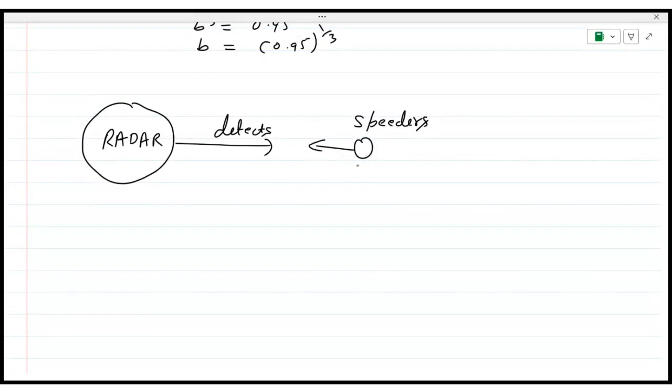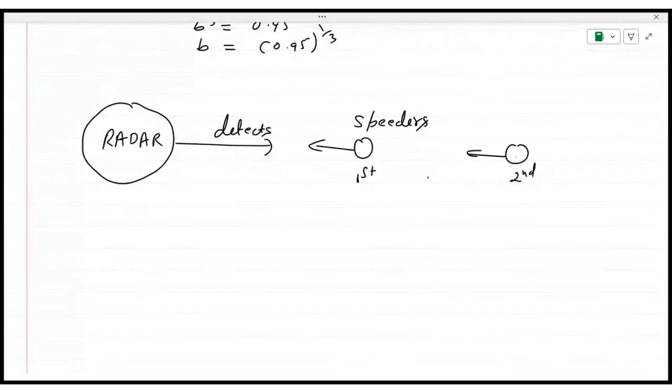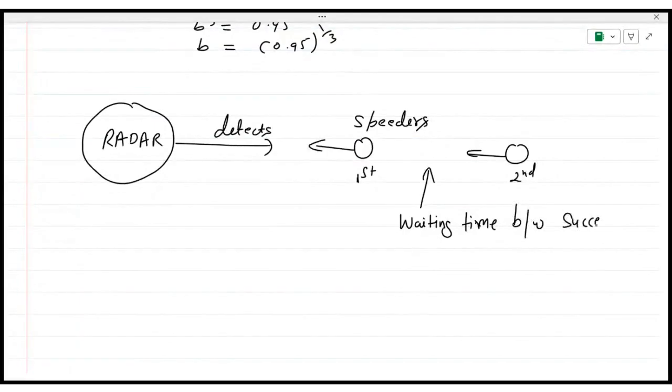Once the first speeder comes, after that there will be a second speeder. Now, between this first speeder and second speeder, there is some waiting time. Waiting time between successive speeders.